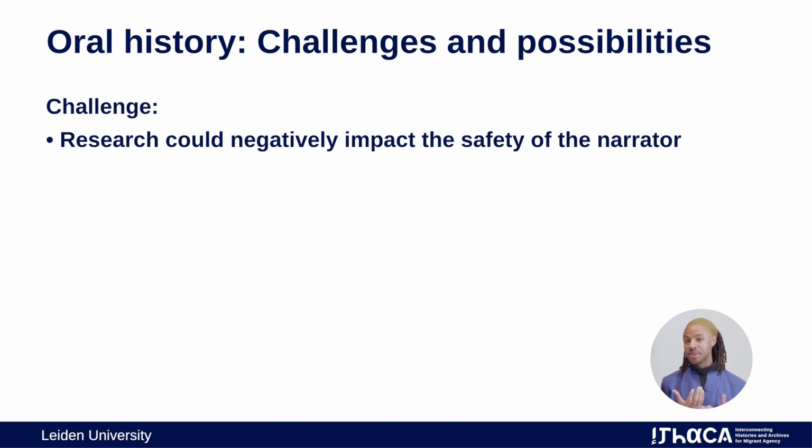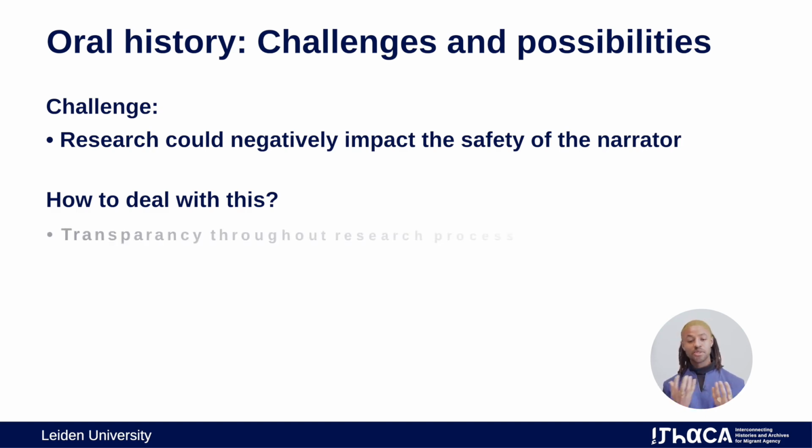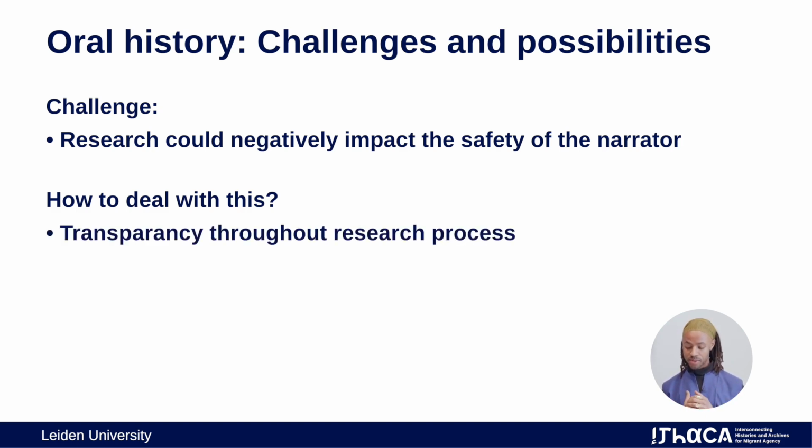And perhaps also in cases where you're dealing with people with uncertain migratory statuses, what would be the impact if this story is out there to the public? So of course there's different ways to deal with this, and I'll also reflect a bit on my own experience. So one, I think it's very important to be transparent, so transparency throughout the research process.